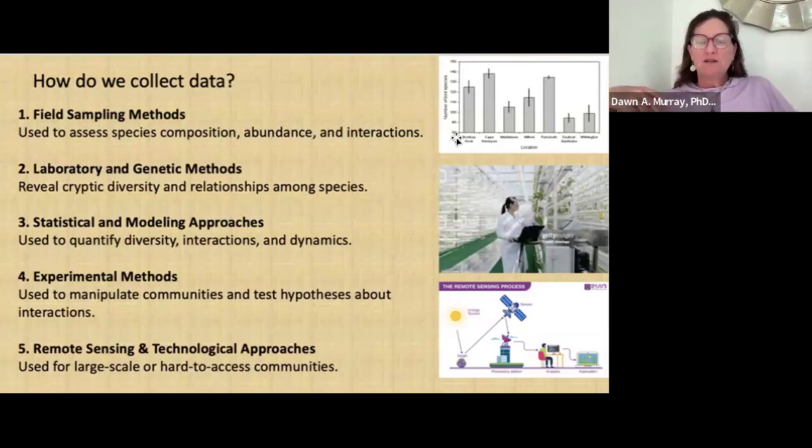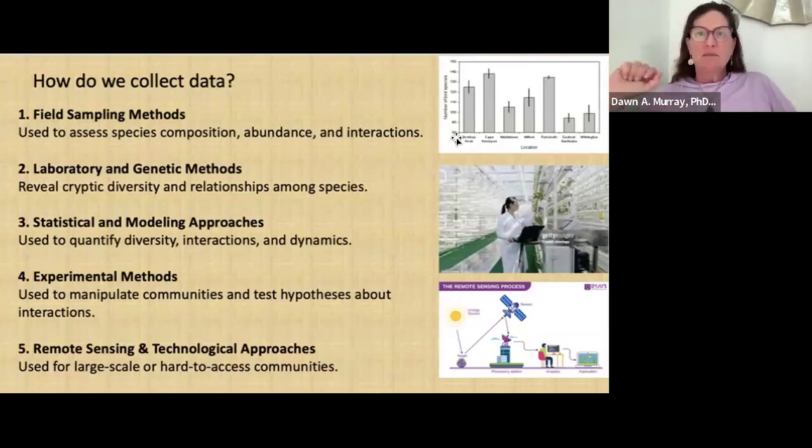With your data, you can also do statistical and modeling analyses. This is used to quantify diversity, to quantify interactions, to look at dynamics. So that might be inflows and outflows of nutrients or predators and prey, that kind of thing. And then there's also experimental methods. This is when you manipulate something and you test hypotheses.